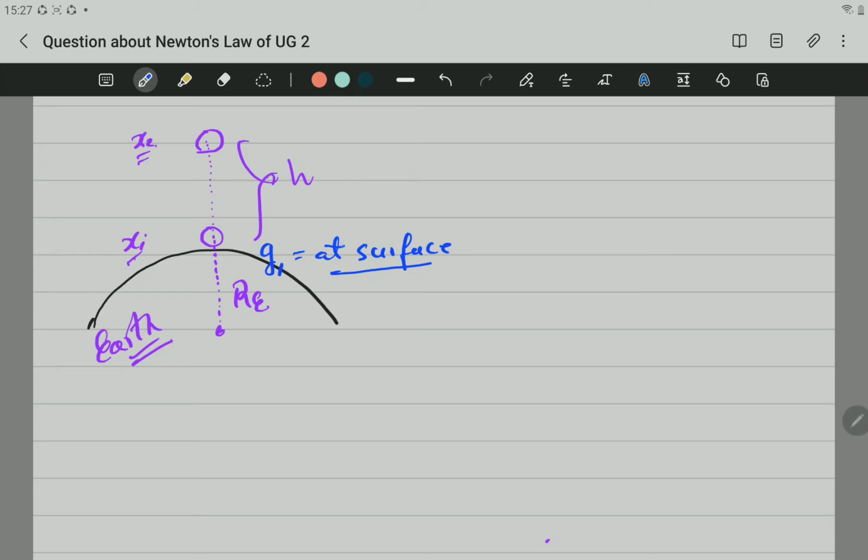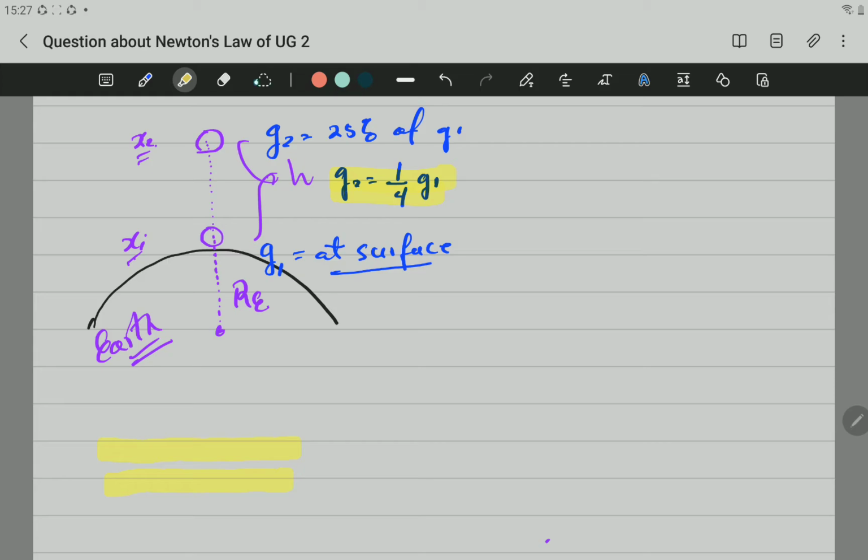They say that at a certain point the acceleration is going to be 25% of the acceleration due to gravity G1. So this G2 is going to be equal to 1/4 of G1, since 25% represents 1/4. I hope this is clear. It's a little bit confusing.